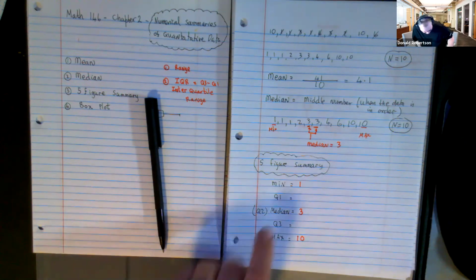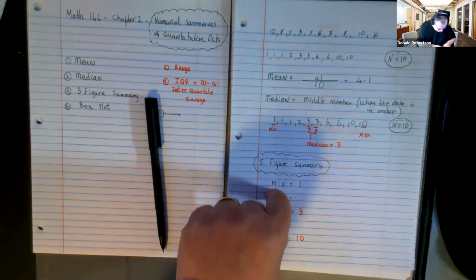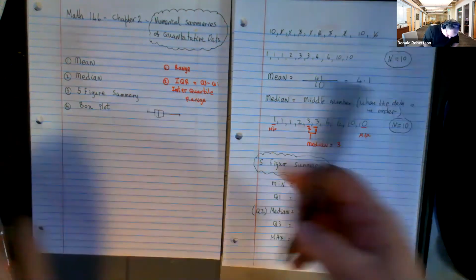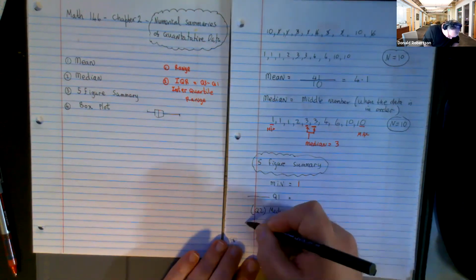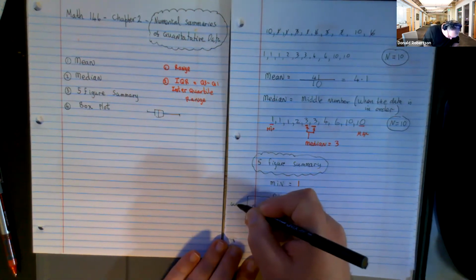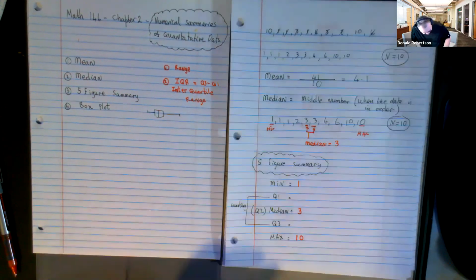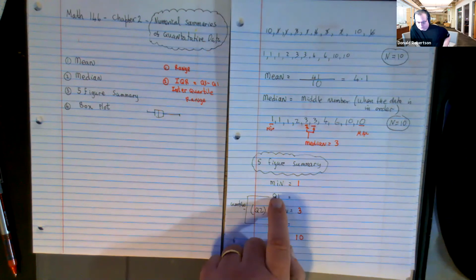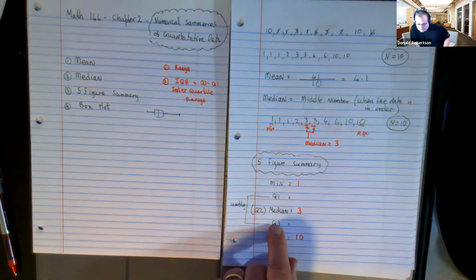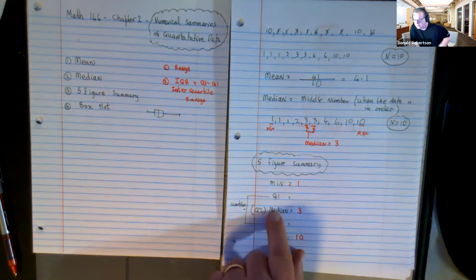And these, by the way, are called the quartiles. That's the name you give to both of these. If you want to be really precise, this is called the first quartile and this is called the third quartile. And the median is sometimes called the second quartile.